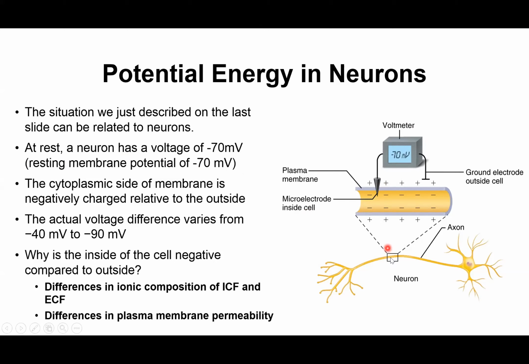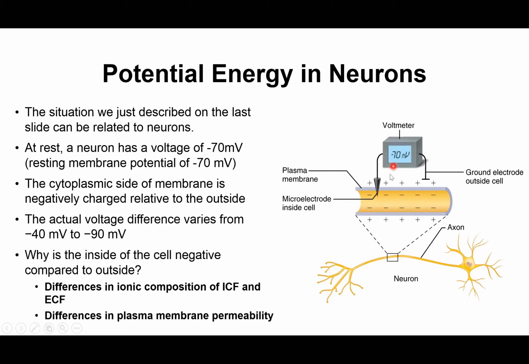We're looking at the neuron, and we measure the charge inside relative to the charge outside. The inside is much more negative than the outside. So the resting membrane potential of a neuron is negative. In this case, it's actually negative 70. The cytoplasmic side, that would be the inside, is negatively charged relative to the outside.